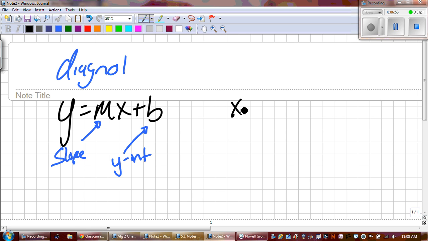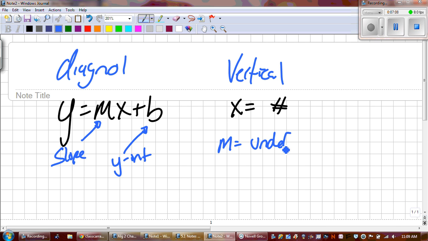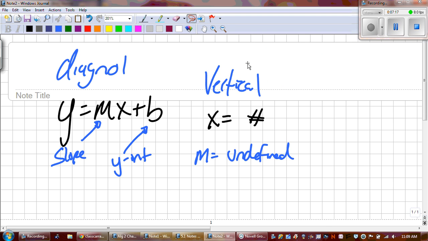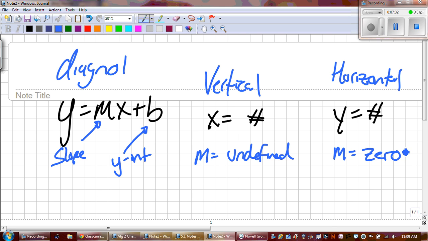When it's x equals a number, this is going to be a vertical line. And if you ever need to know it, your slope is undefined. And the other one that you can have is y equals a number. That's going to be a horizontal line, and your slope is 0.